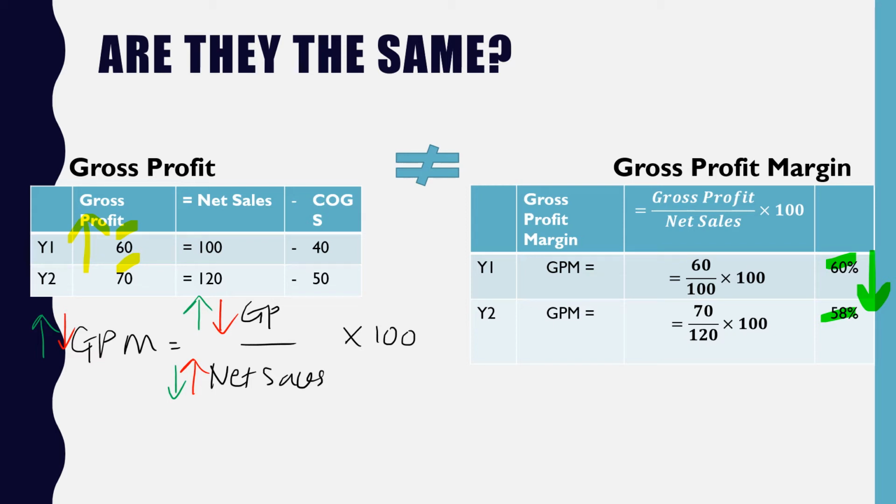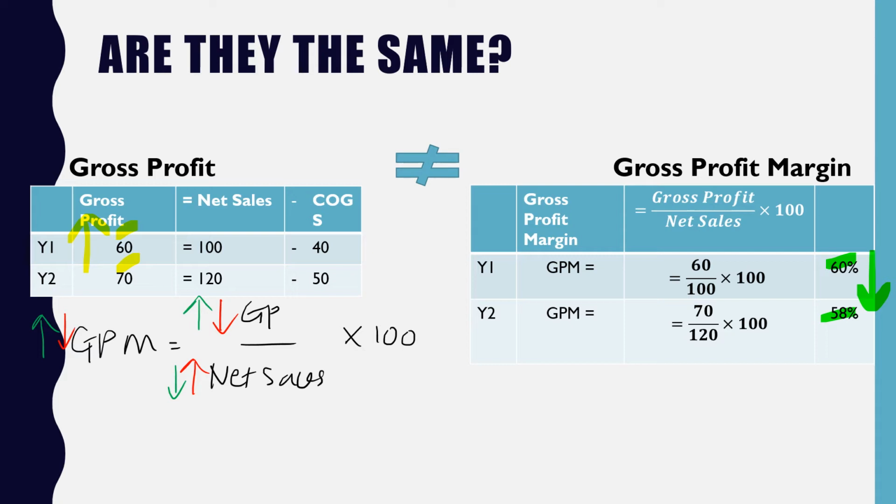Now, as I've mentioned in the past, there is a logical mathematical explanation to this, and I've mentioned before that anything at the top of the fraction has a positive relationship to the financial indicator. So specific to this example, we can see that the gross profit has a positive relationship with the gross profit margin, which means if there's an increase in gross profit, we can usually expect an increase in gross profit margin, and vice versa.